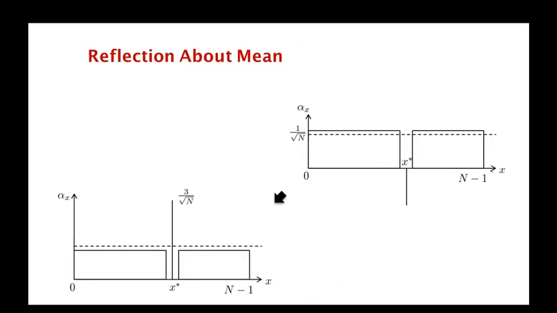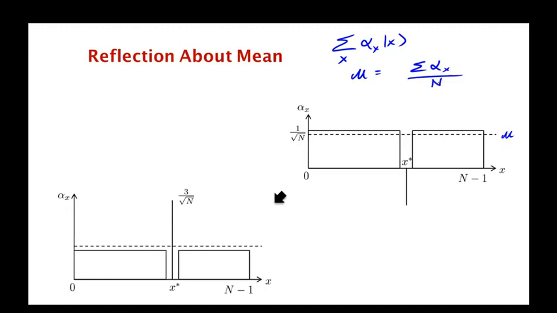And now let's compute, we are letting mu be the average of the alpha sub x's. So we start with some superposition, sum over x of alpha sub x, x, and we let mu be the summation of alpha x divided by, I guess there are capital N elements.